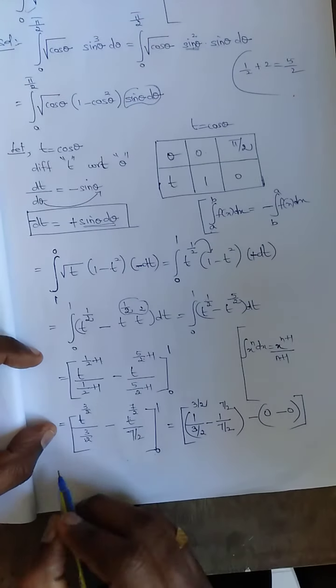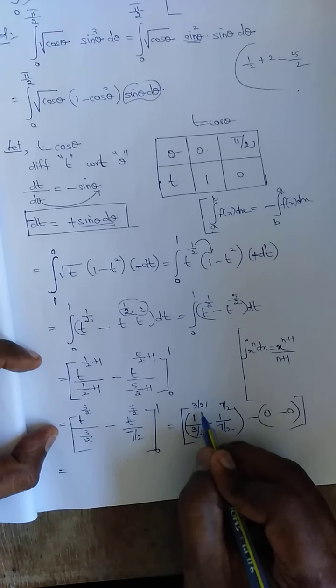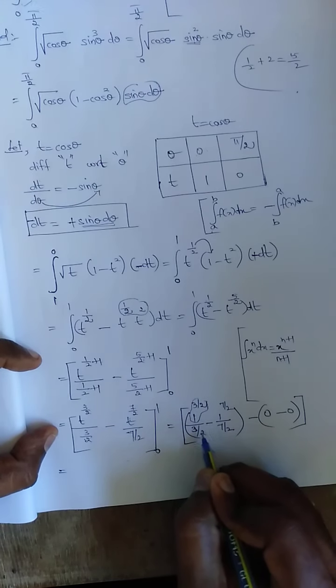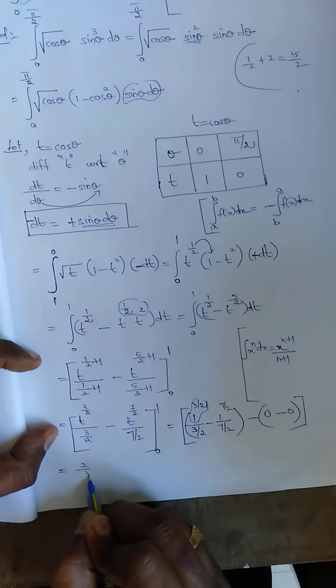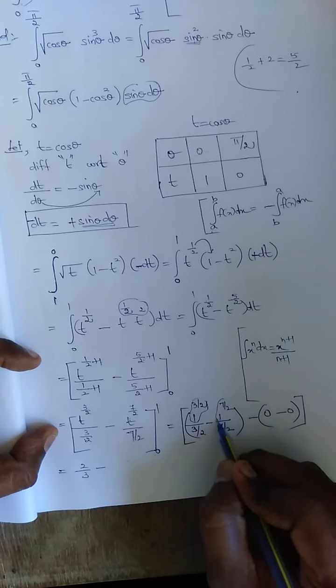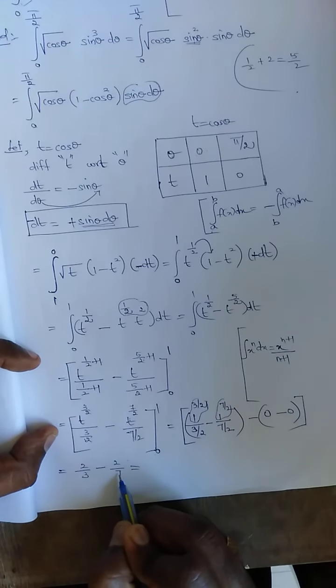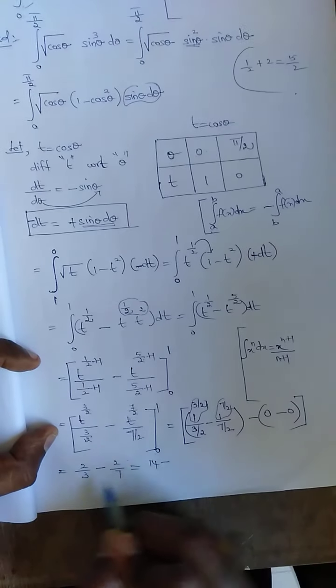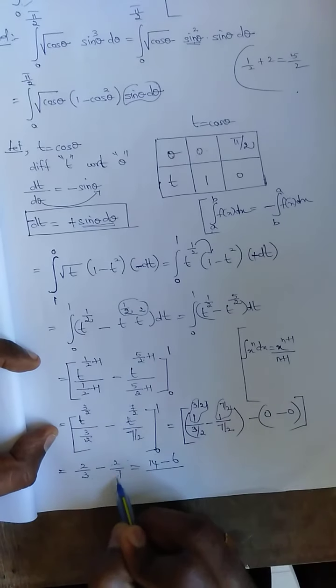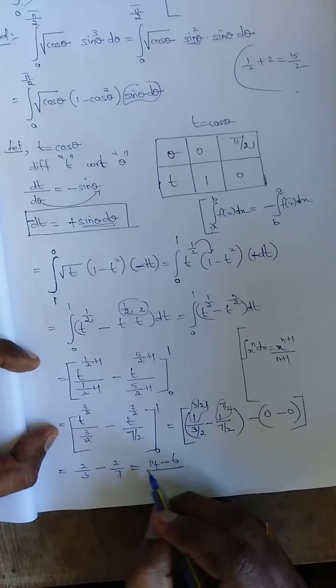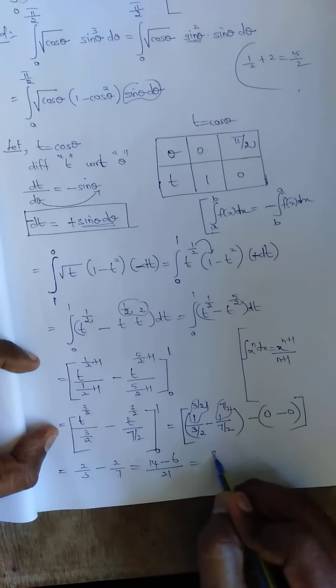Now what is the answer going to be? 1 power 3 by 2 is 1, so 2 by 3 moves upward, minus 1 power 7 by 2 is 1, so 2 by 7. Cross multiply: 7 twos are 14, 3 twos are 6, 3 sevens are 21. 14 minus 6 is 8.